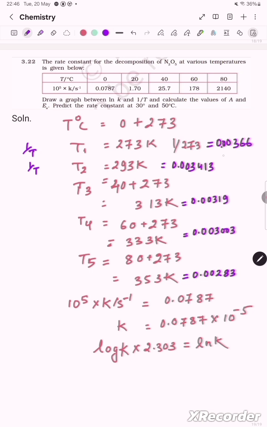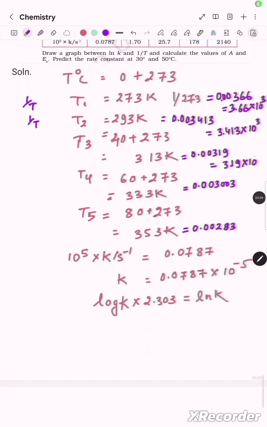So this becomes 3.66 multiplied by 10 to the power minus 3, then 3.41 multiplied by 10 to the power minus 3, similarly 3.19 multiplied by 10 to the power minus 3, then 3.00 multiplied by 10 to the power minus 3, and this value becomes 2.83.